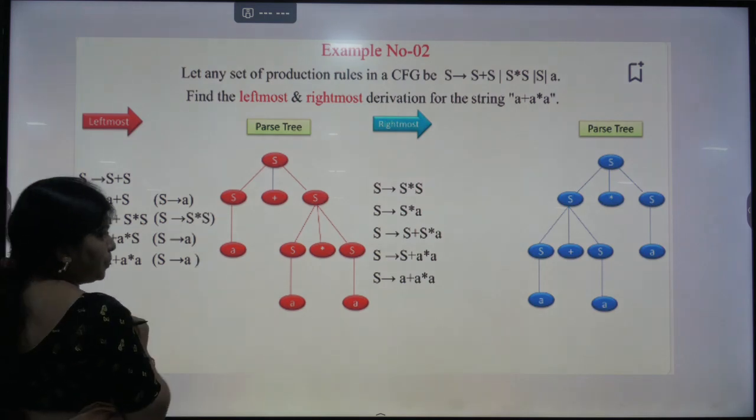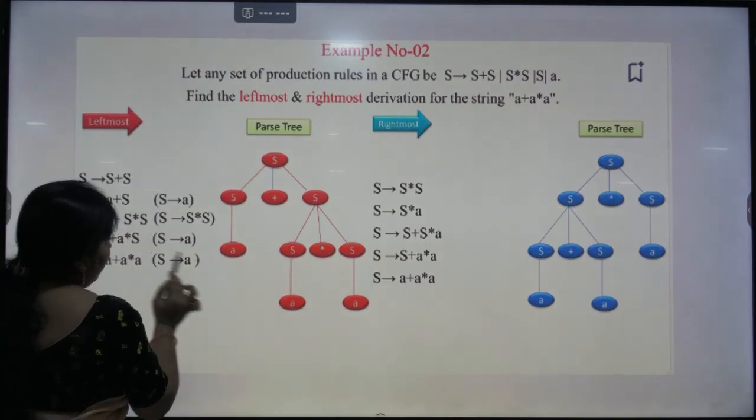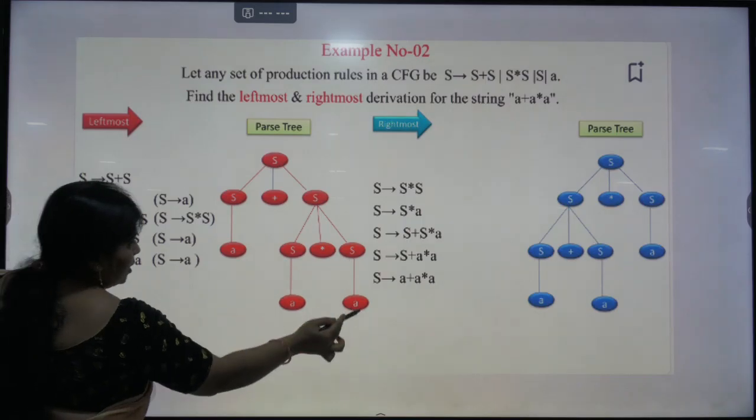That tree is called a parse tree. Now this has been replaced with A. Next this S has been replaced with A.